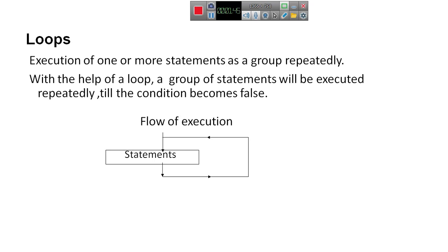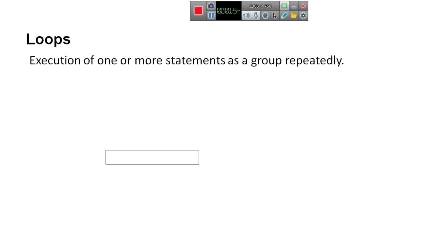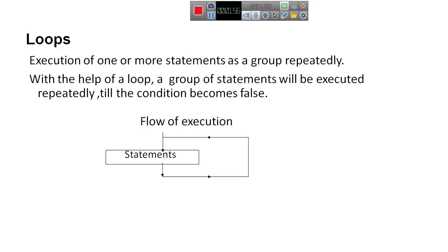The control structures are used to take the decisions in the program. These are of two types: decision making and looping statements.